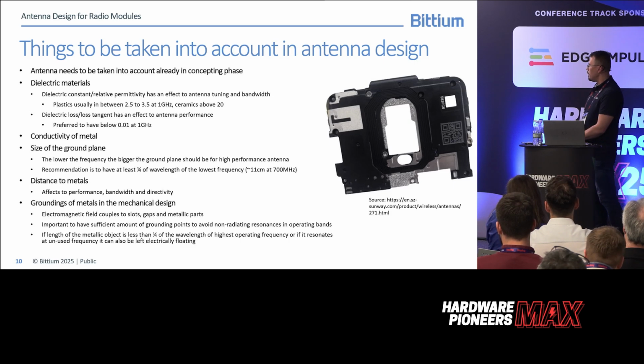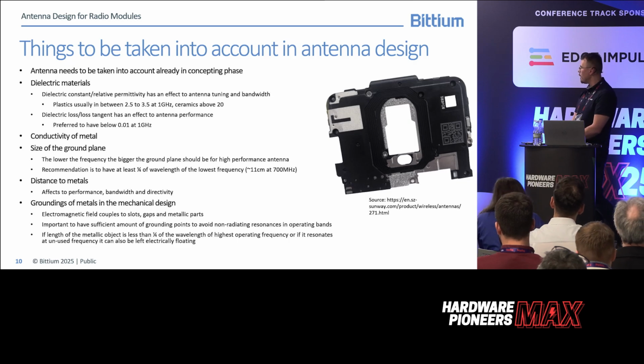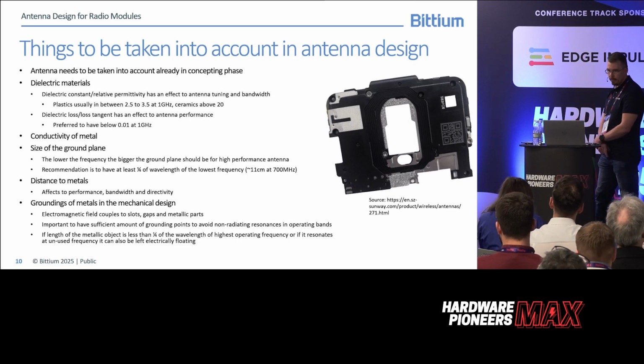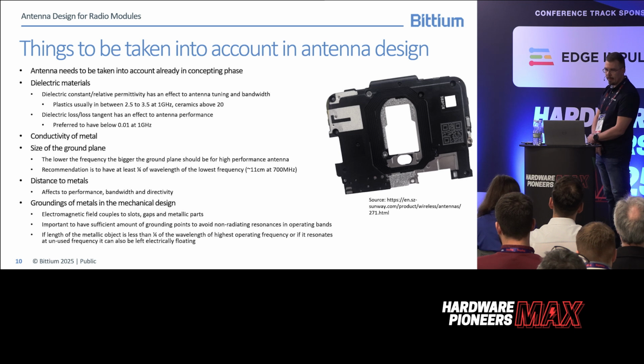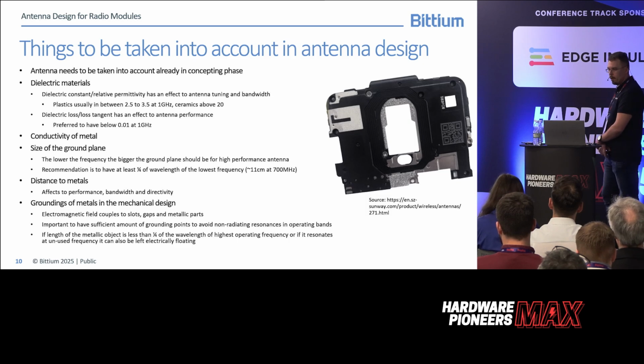Grounding of the metals is a very important thing because the electromagnetic field couples to slots, gaps, and metallic parts. But sometimes these things can also be used as part of the antenna, to enhance the connectivity.